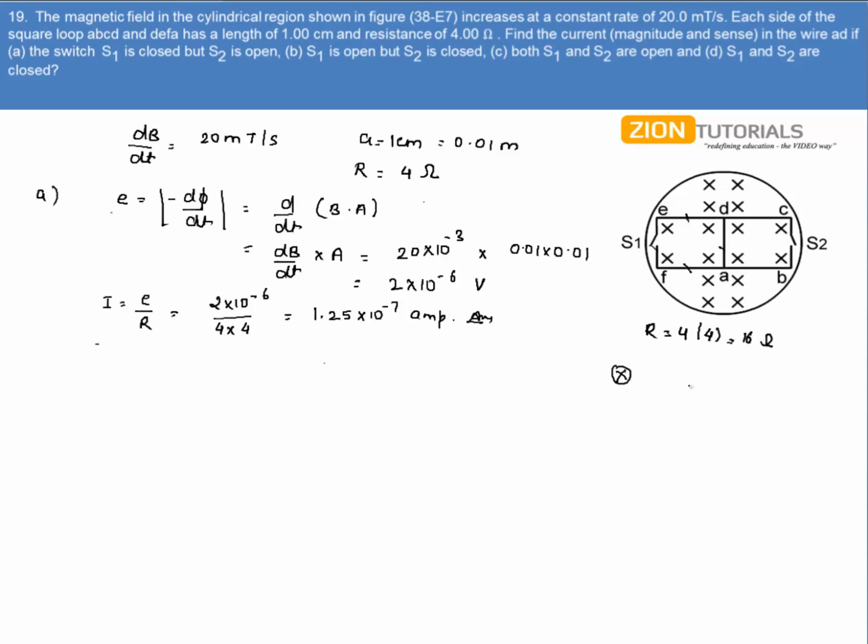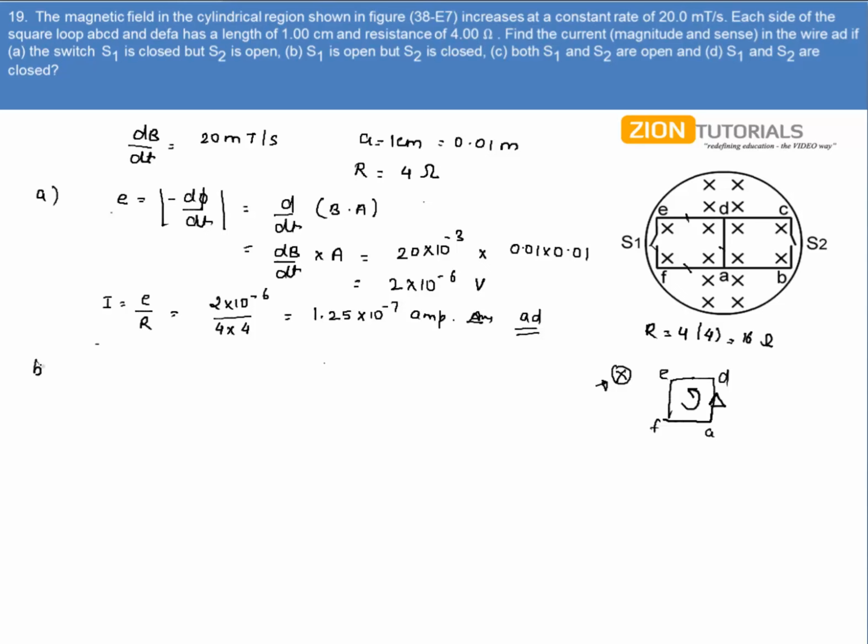If the current in the loop is in counterclockwise direction, then the magnetic field produced by this current will reduce the effect of the applied magnetic field. Since the magnetic field is increasing, the current will flow in counterclockwise direction. If I name it as E, F, A and D, then the current is flowing in direction AD. So AD is my direction.